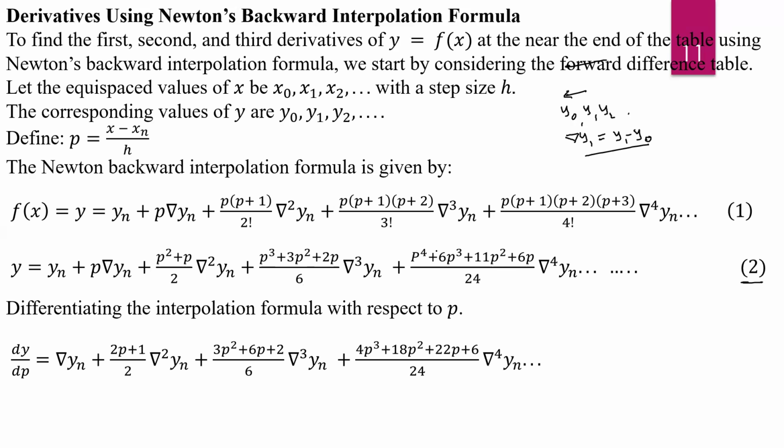Now plus the derivative of this fifth term, (4p cube plus 18p square plus 22p plus 6) divided by 4 factorial, means 24, and fourth order backward difference at yn and so on.